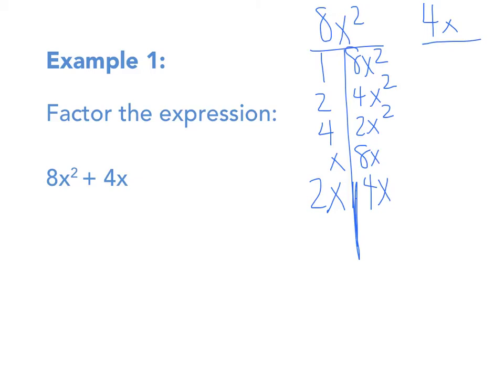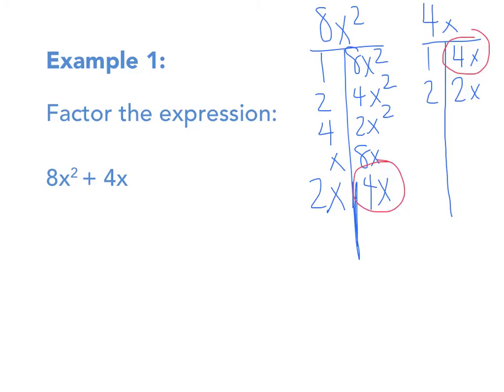And that's where we'll stop. And then for 4x, we also have 1 and 4x, and 2 and 2x. So if I look, my greatest common factors right here are 4x and 4x. So I'm going to pull a 4x out of my expression here.